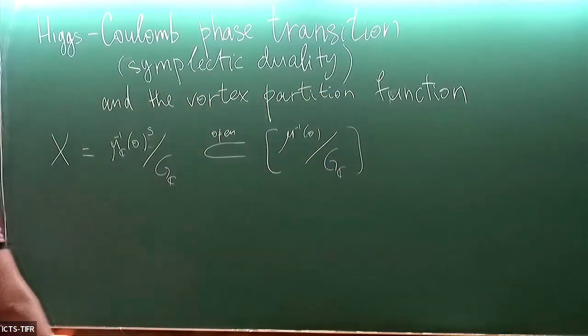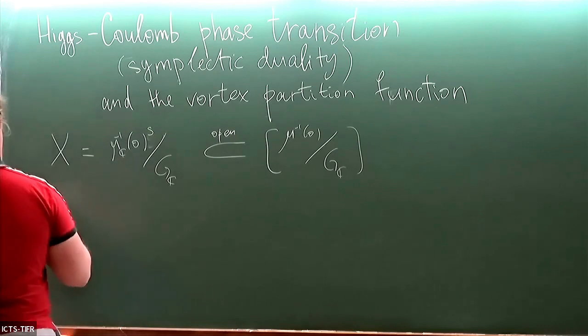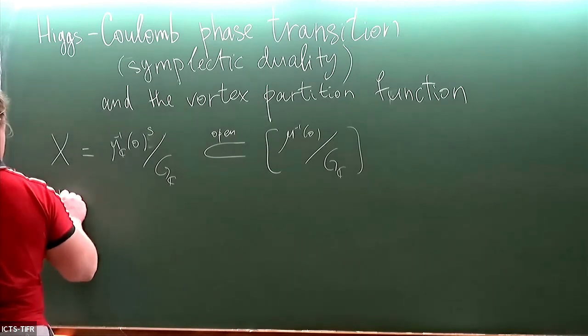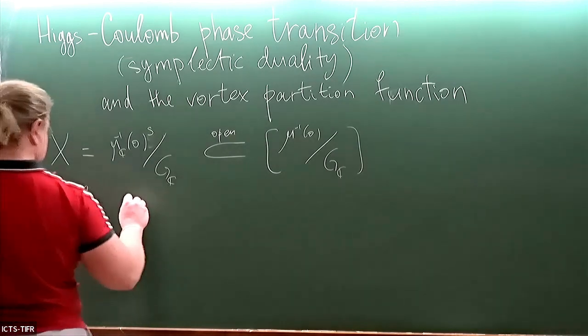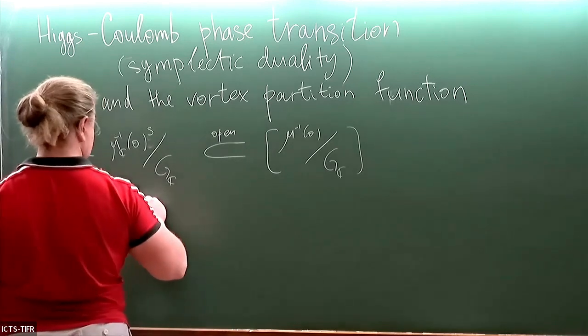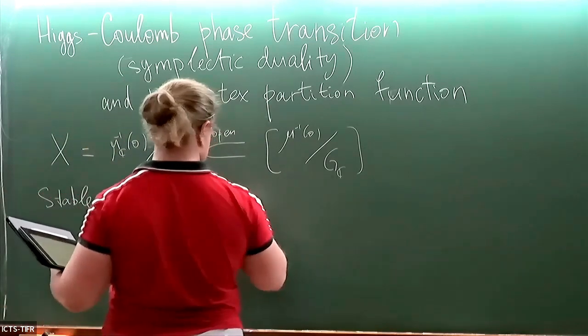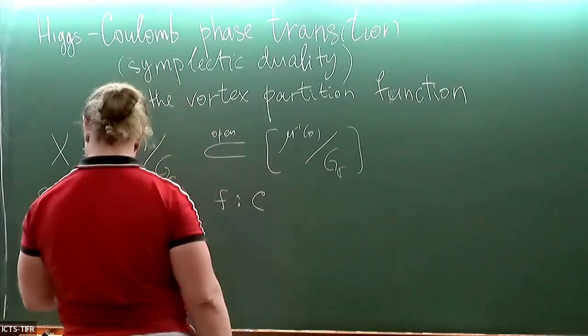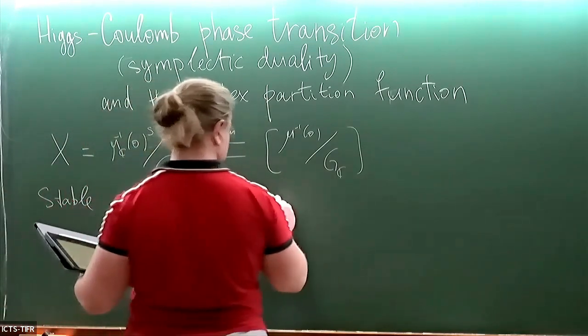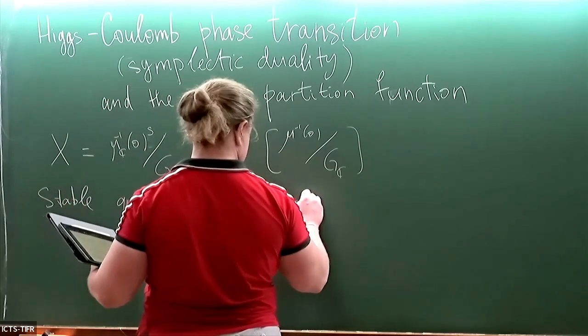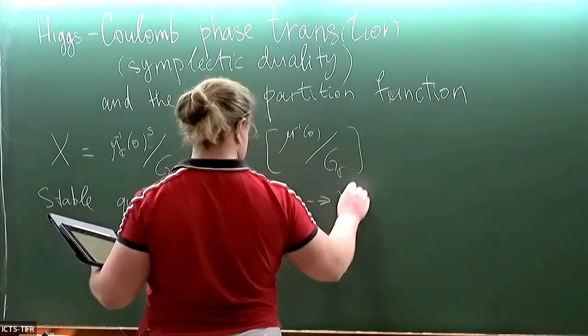And recall that a lot of people were talking about quasi-maps during this week. There's a stable quasi-map from some curve C to our X. Well, there's this notation like this.